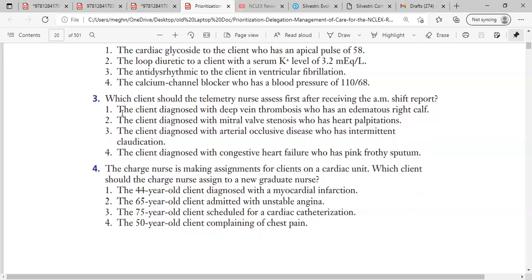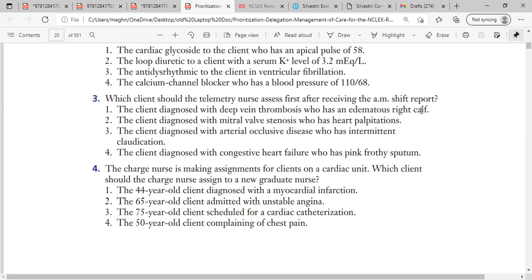Number 1, a client diagnosed with a deep vein thrombosis who has an edematous right calf. So this patient, I will not go first. Why?